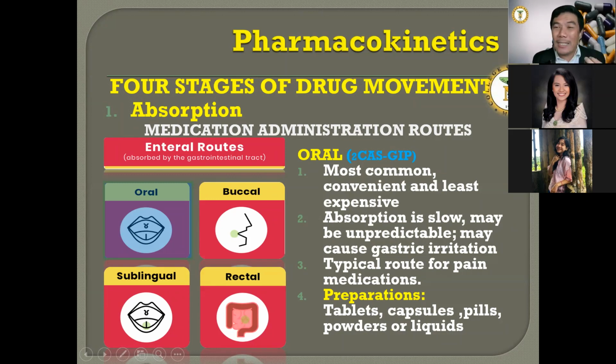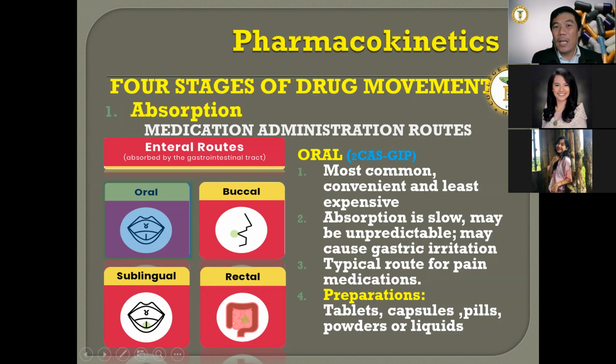When we say 2-CASGIP, it means 2C, AS, GI, P. So if we say 2 Cas-Gip, the first C is this route is common. The second C is referring that this is convenient.